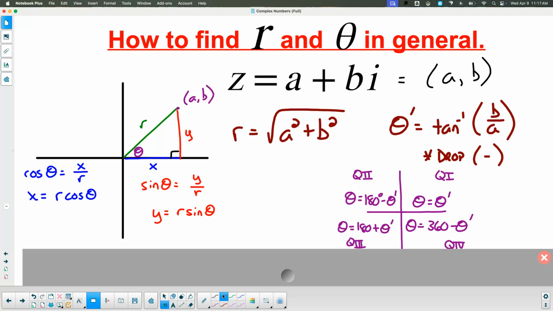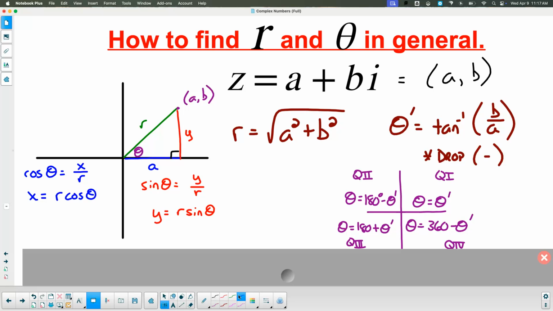Do you agree? Well, instead of x, I could call this a, because that's my a in my a comma b, right?